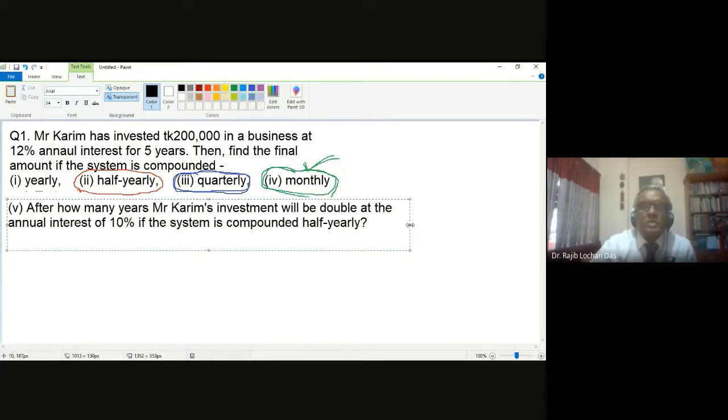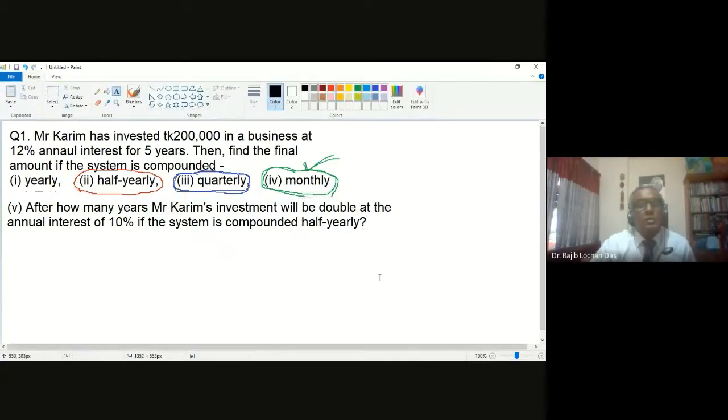Do you understand this question? Two lakh taka is the same, but the year we do not know. We will find out the year, because it is written after how many years.